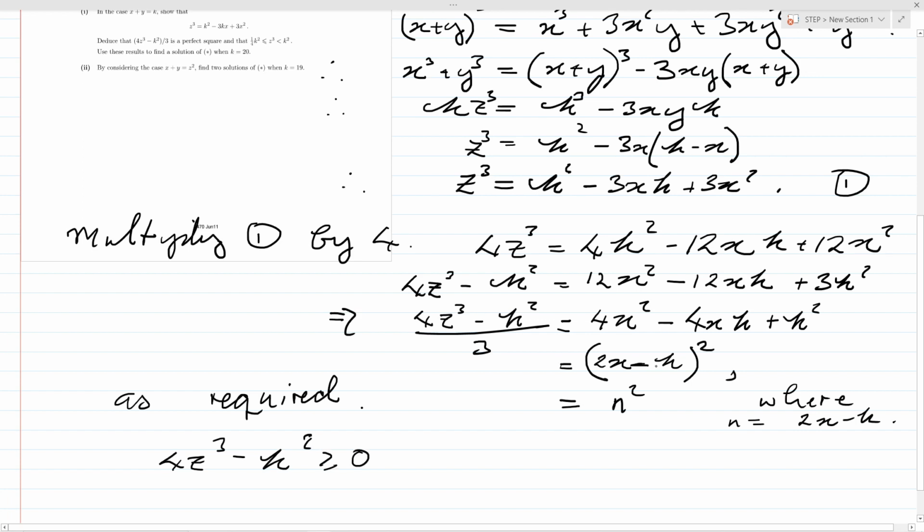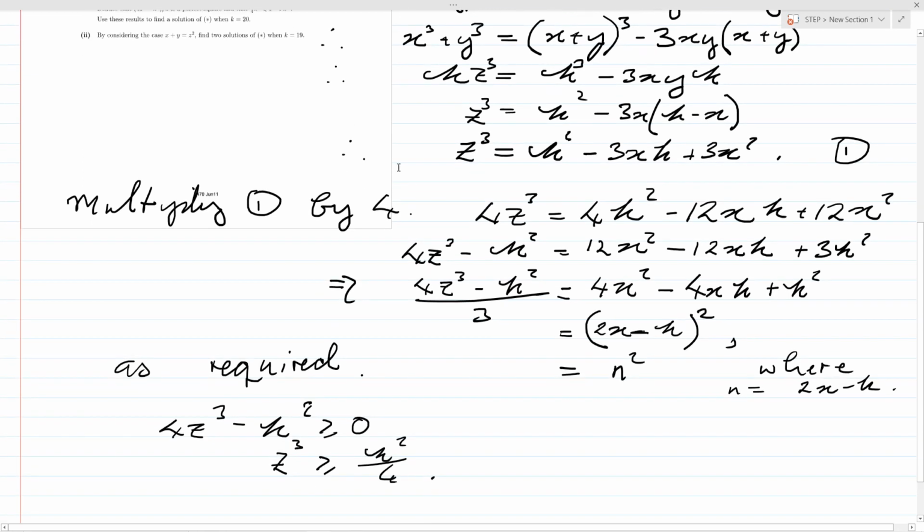Therefore, we can see that z cubed, rearranging this, is greater or equal to k squared over 4. So that part's done. Great, excellent. So now we have to show that z cubed is less than k squared.